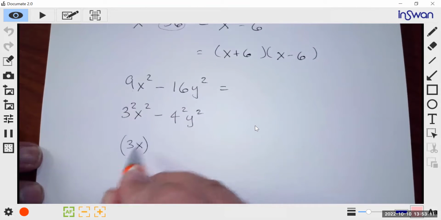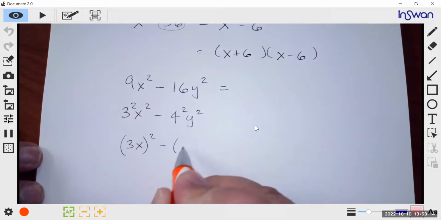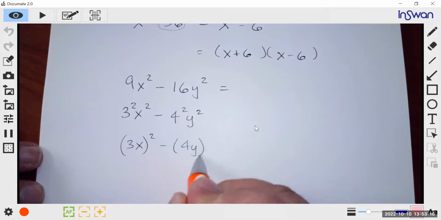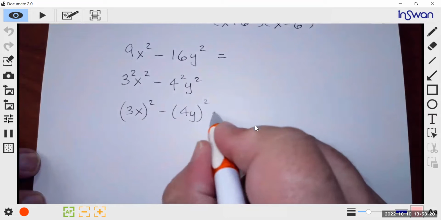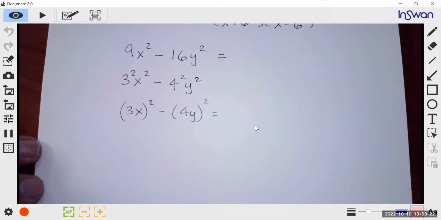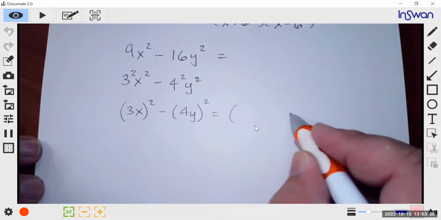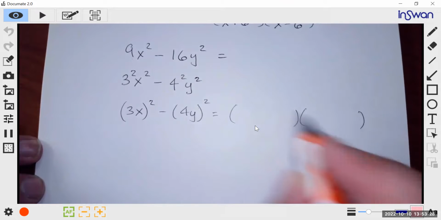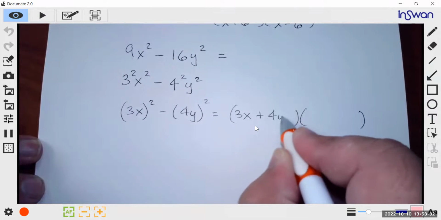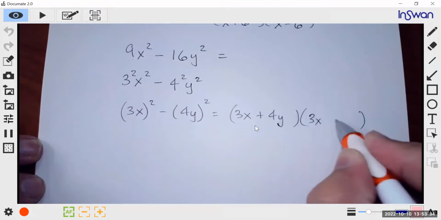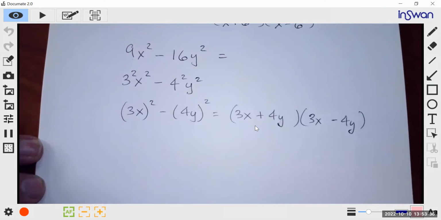Since they're both squared, I can separate them. 3x plus 4y, 3x minus 4y. So it can happen like that too.